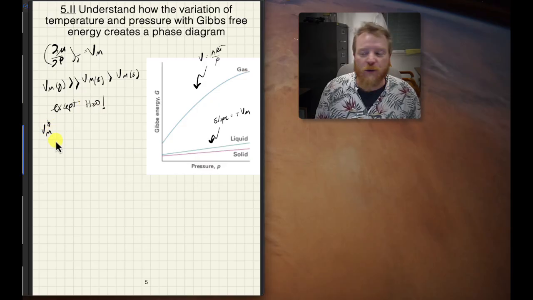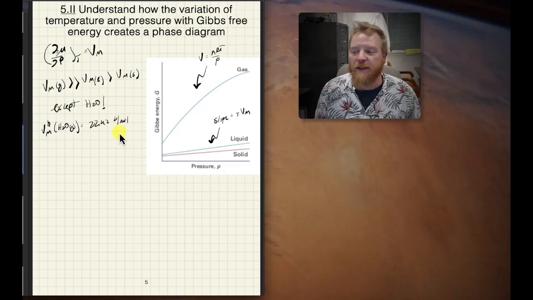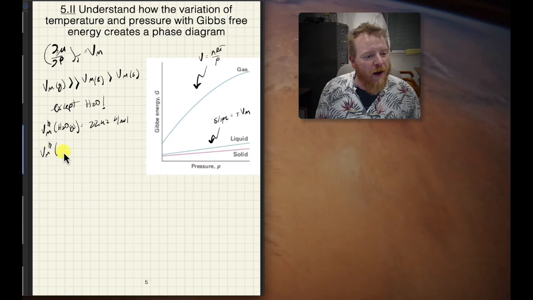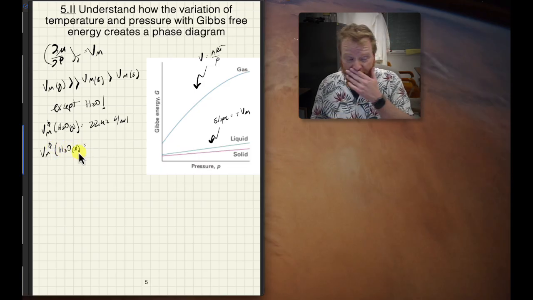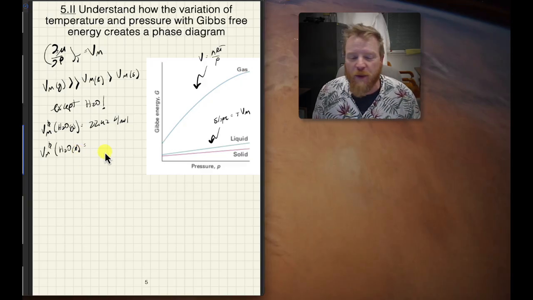So if I look at those values for H2O gas, we'll assume ideal behavior, so that's 22.42 liters per mole. The molar volume of water as a liquid is 1 over the density, expressed in units of liters per mole.